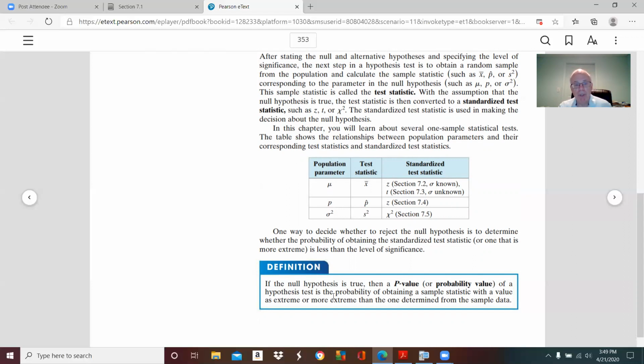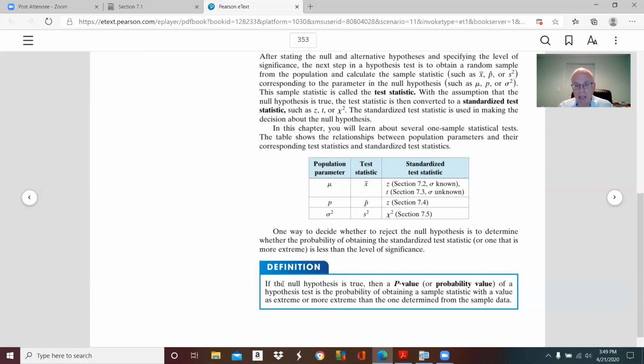Okay. Now, here's another definition. This is the p-value, or probability value, that I mentioned a minute ago. So we always assume up front, just like in a criminal trial, that the person on trial is innocent until proven guilty. We're going to assume that the null hypothesis is true until we come up with enough evidence to think that it's not.